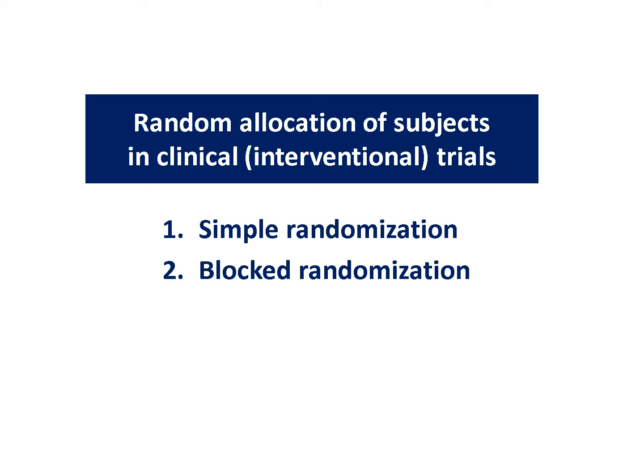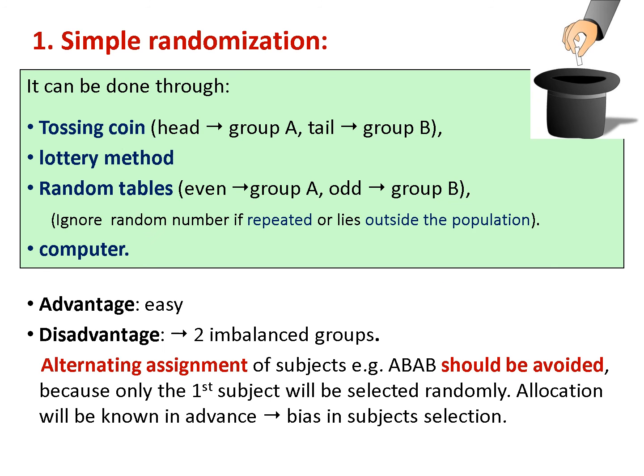What about random allocation of subjects in a clinical or interventional trial? In this case, we want to allocate the subjects to group A or group B or other groups randomly. In this case, we can use simple randomization or blocked randomization. In simple randomization, it can be done through tossing a coin, lottery method, random tables, or computer programs. So, for example, if we have two groups, group A and B, and we use tossing a coin, if it appears head, we put the participant in group A, and if it appears tail, we put the participant in group B, and so on.